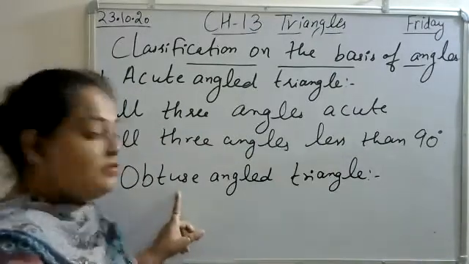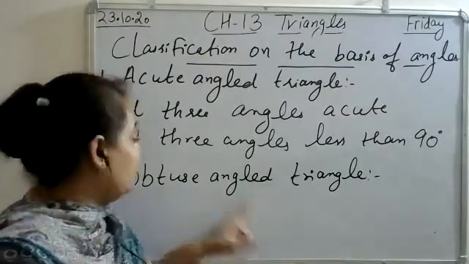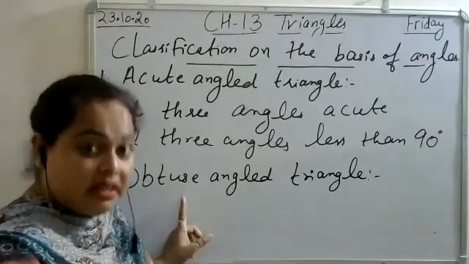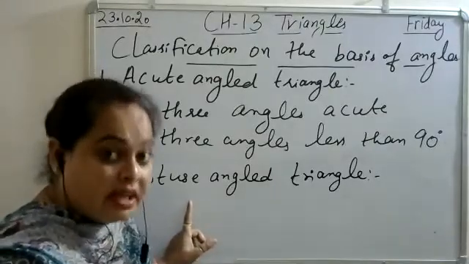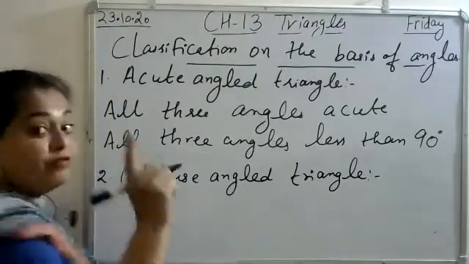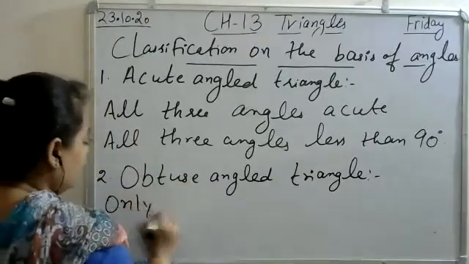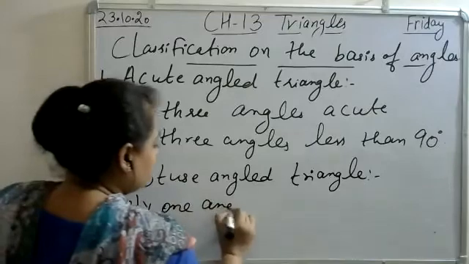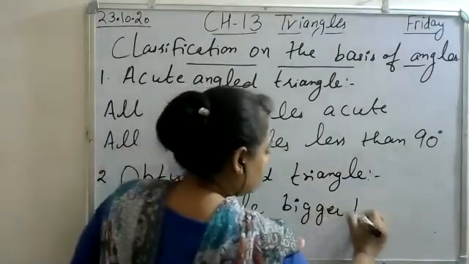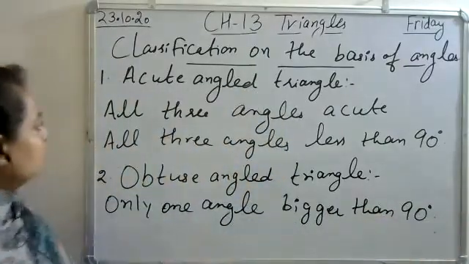As we know, an obtuse angle is an angle which is bigger than 90 but less than 180. So in this triangle we have only one angle bigger than 90 degree. Check.